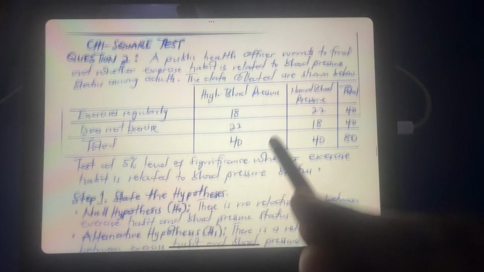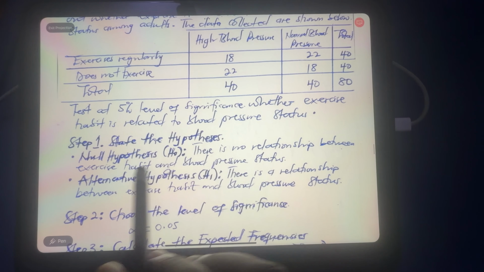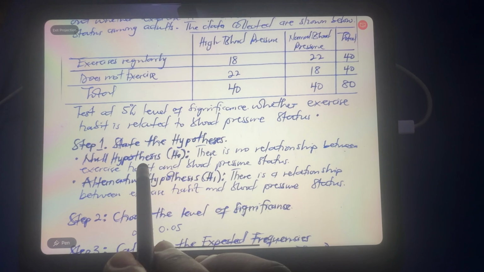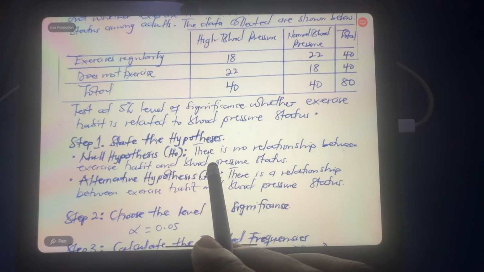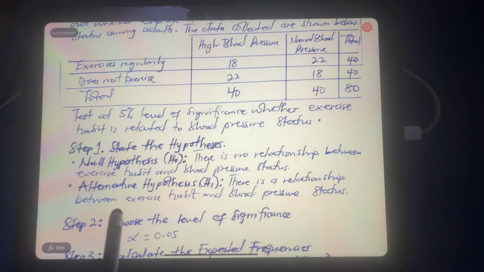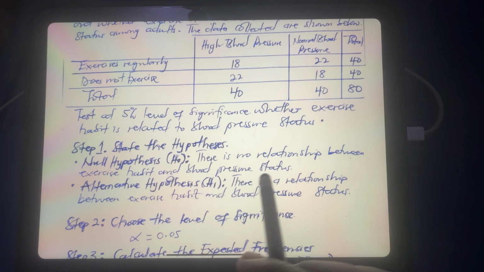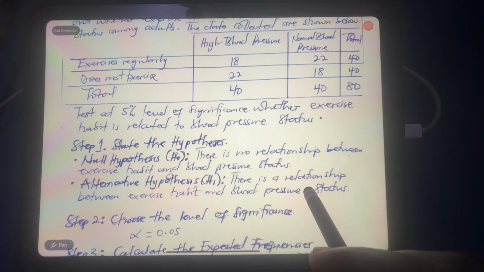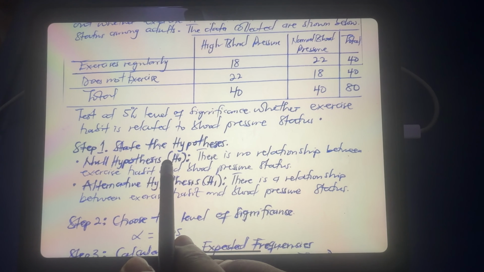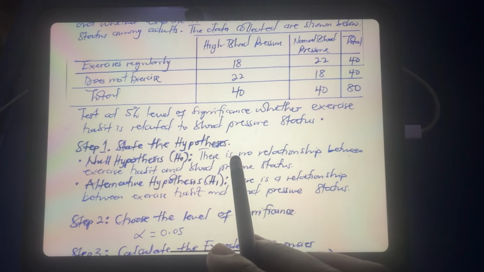Okay, good. So in stating the hypothesis, you write the first one, the null hypothesis: there is no relationship between exercise habits and blood pressure status. Then the alternative hypothesis, you write: there is a relationship between exercise habits and blood pressure status. So you see the null hypothesis, this is the underlined word.